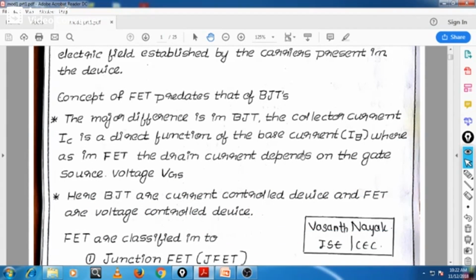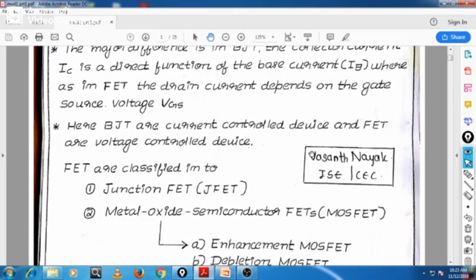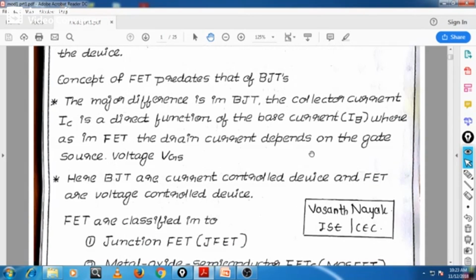Construction wise, BJT is very difficult to construct, which involves a large process in fabrication, whereas FET is somewhat easier in fabrication. So BJT and FET, in this way they will differ. We will see some other differences later.